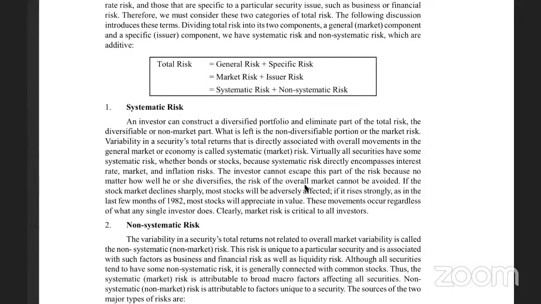An investor can construct a diversified portfolio and eliminate part of the total risk. The diversifiable part is known as systematic risk. What is left is the non-diversifiable portion, or the market risk, the variability in the security's total return.